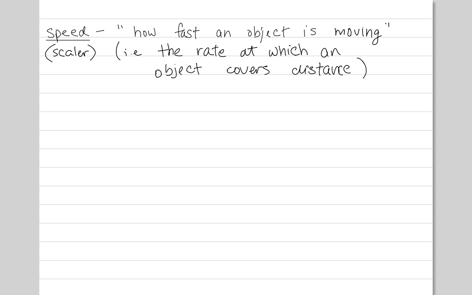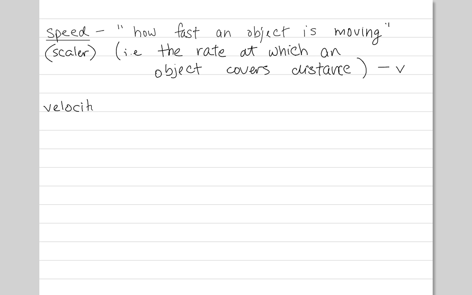So the numerator would be meters, typically, and the denominator would be seconds, typically. Okay, so that is speed. So you can say that I drove to school on average 60 kilometers per hour today. That's a speed, okay? Now, let's jump into velocity. Oh, the symbol for speed is just v.